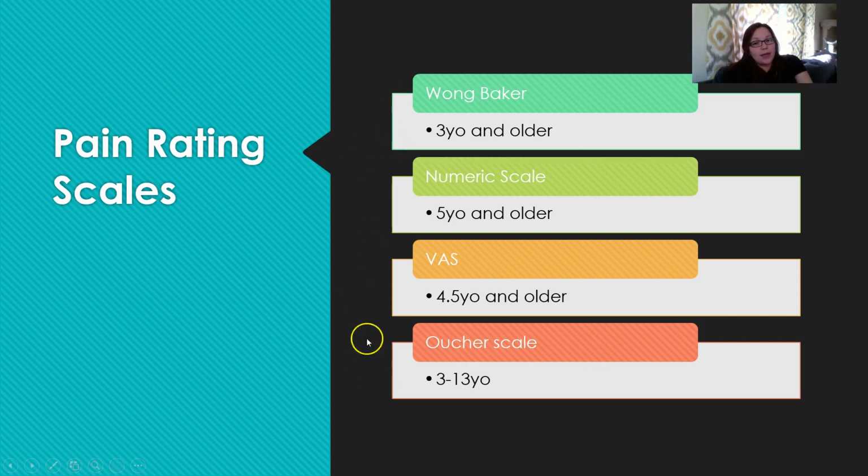So I've got the ages listed here, and you'll notice that these ones overlap. Wong-Baker is going to be your youngest, with the Oucher, so a 3-year-old can use both of these.